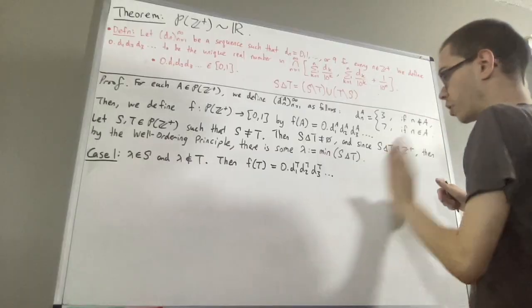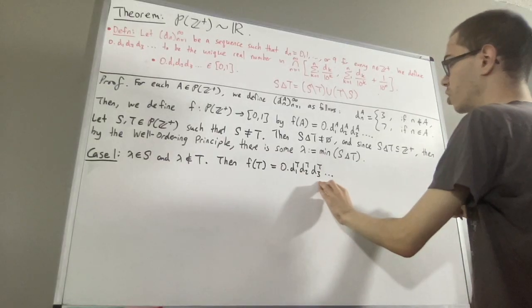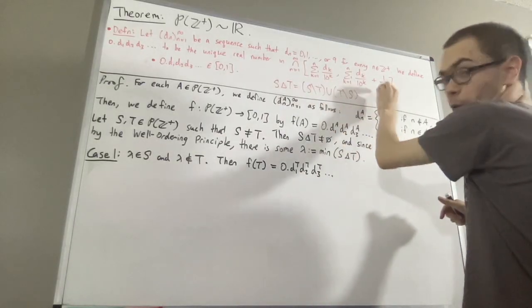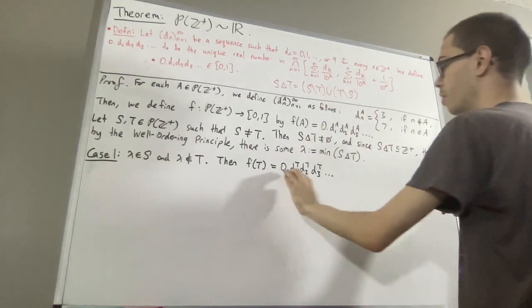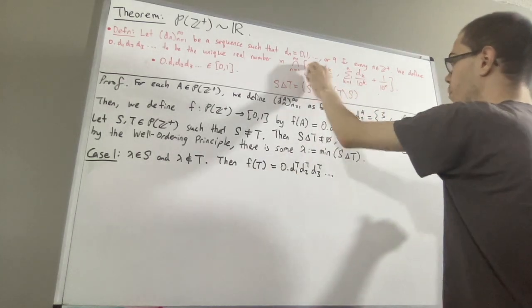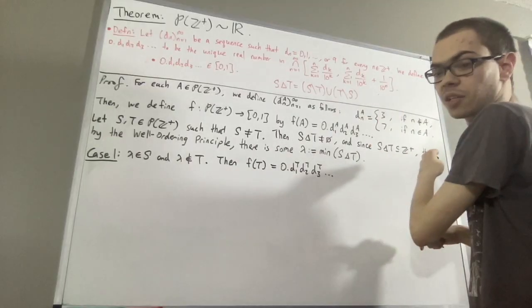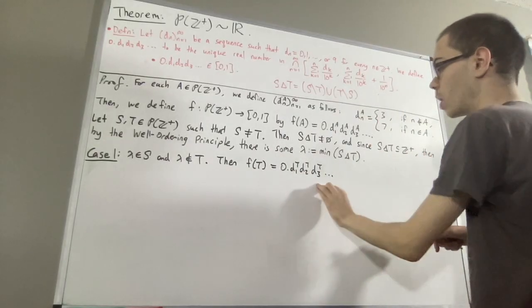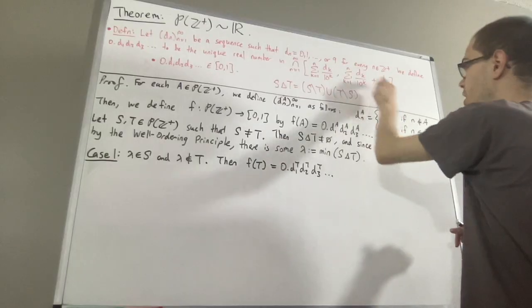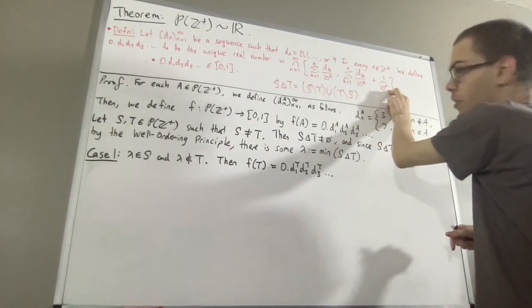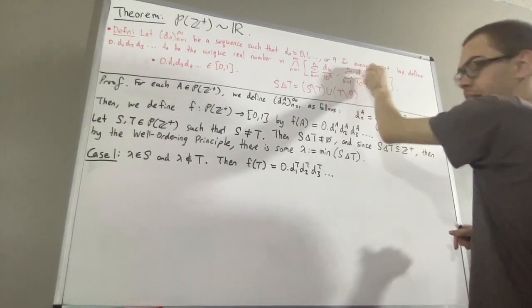So, in particular, this quantity belongs to the lambdath interval, right? So this quantity belongs to this interval where we're replacing n with lambda. That means this quantity must be less than or equal to this quantity where we replace n with lambda. We're replacing dk with dkt.